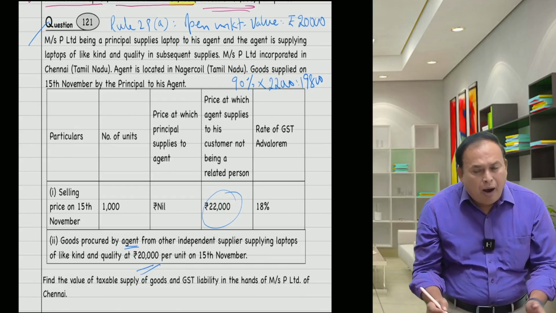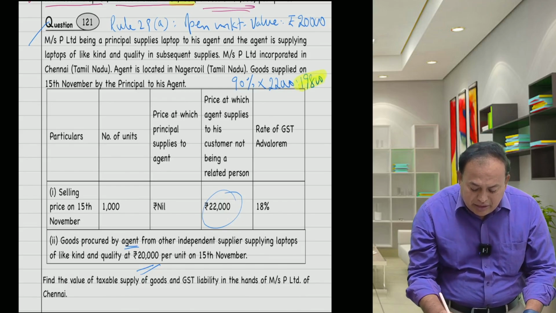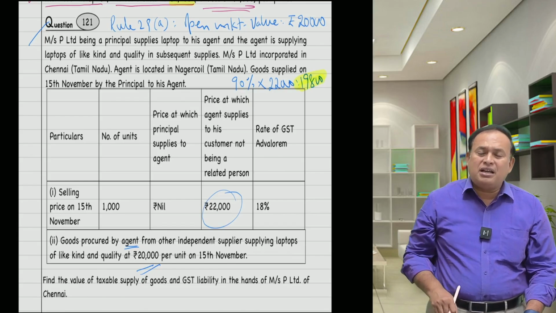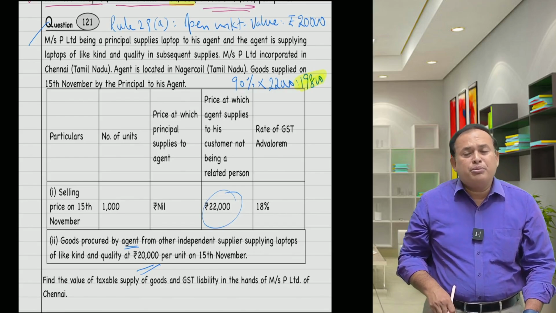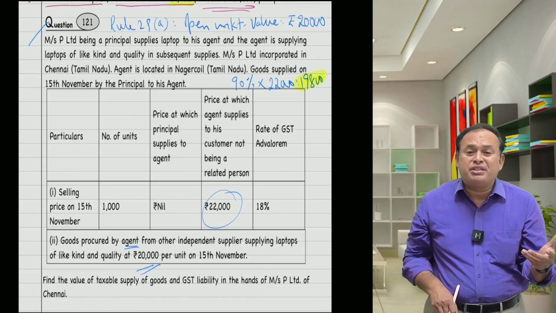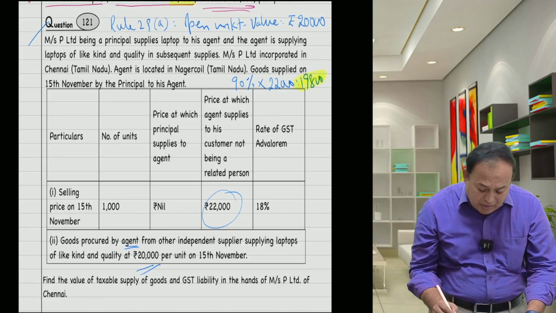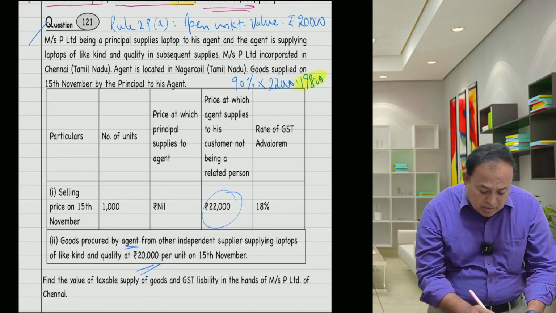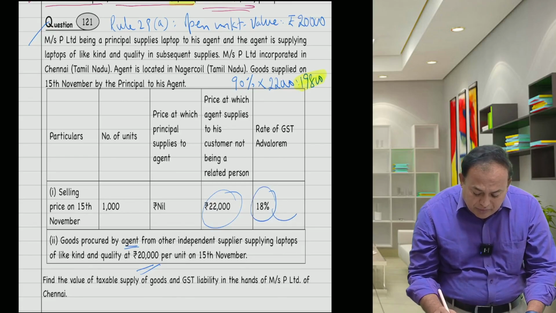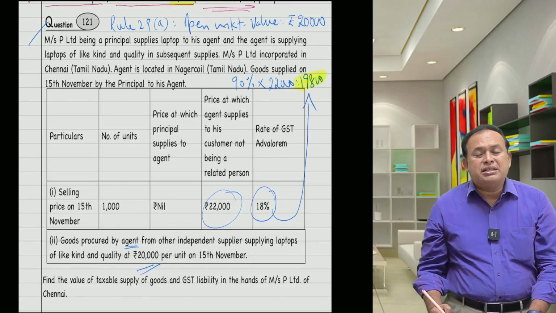So opting for 19,800 valuation is economical, because you are going to pay GST on a lesser amount rather than paying GST on 20,000. Therefore, the rate of GST applicable here is 18%, on what value? On 19,800.